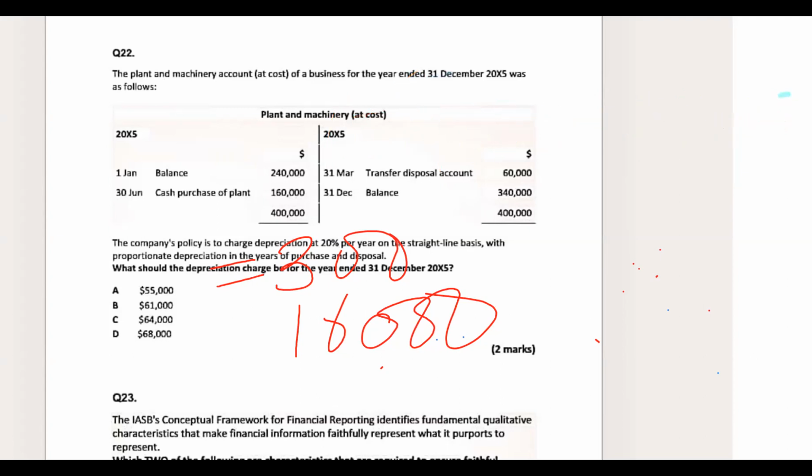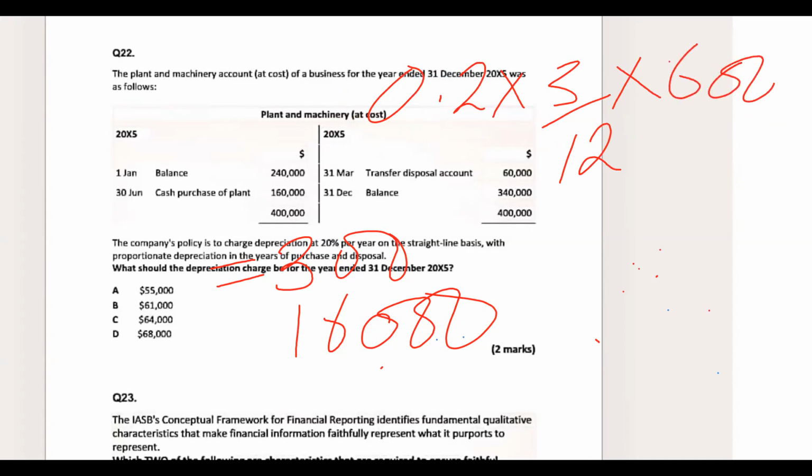Even for the first one, you had done 0.2 times... what was that, 3 months. 3/12, it should be what times 60,000. Oh, you had done 60,000. You had done just that. Right? Yes, we did just that, sir. Oh, okay.